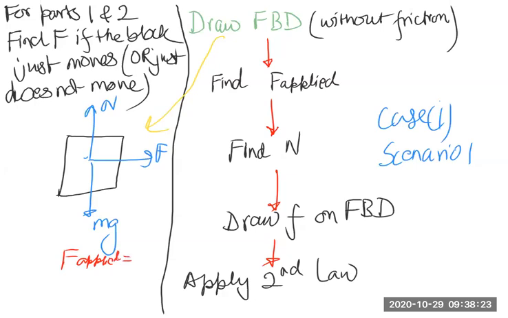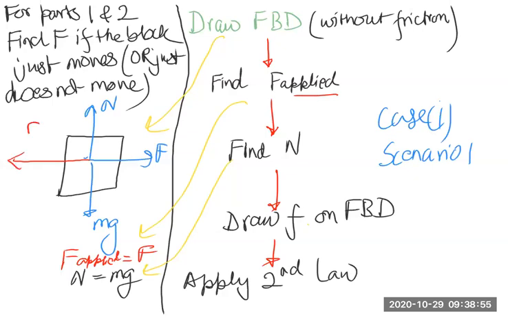F applied is equal to F. Find the value of N. N is equal to mg. ये हमने किया हुआ, ये सब हमने किया हुआ, right? All we have done. Draw F on the FBD. तो हमें मालूम है कि फ्रिक्शन इज ऑपोजिट टू एफ अप्लाइड, सो आई हैव ड्रॉन एफ on the FBD.